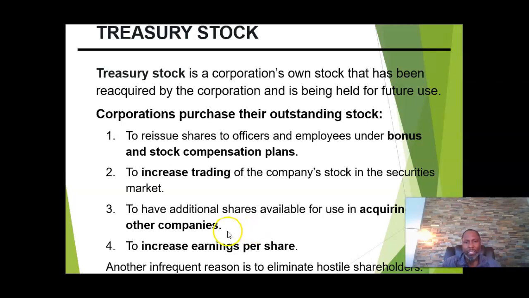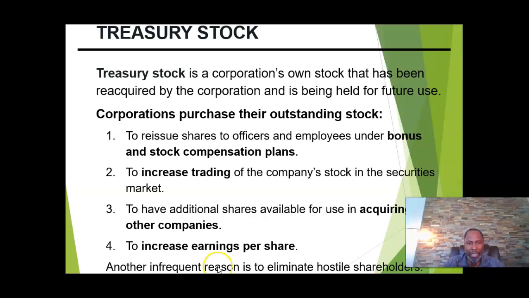Another reason is to have additional shares available for use in acquiring other companies. When companies sometimes buy other companies, they do that by issuing them shares of stock in their own corporation. So they may decide to buy their stock back because they're planning to acquire another company and they're going to use their stock as part of the acquisition process.